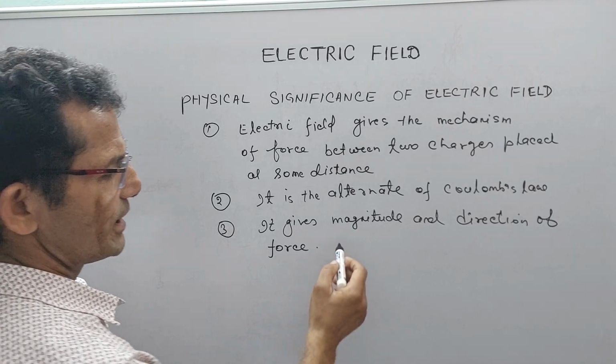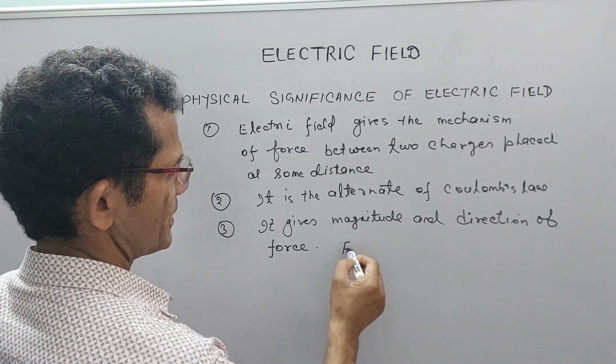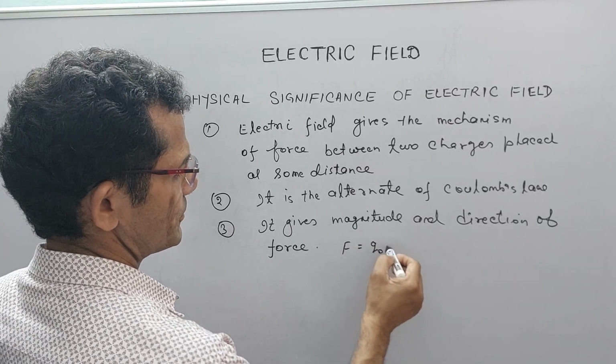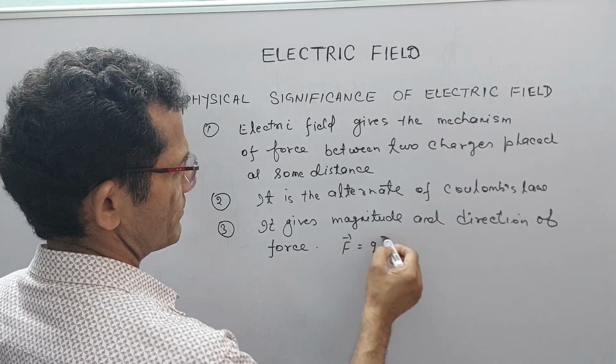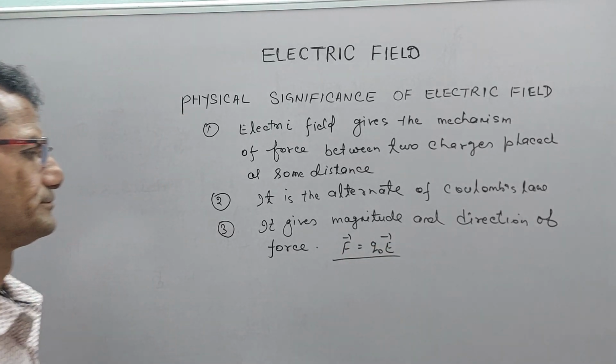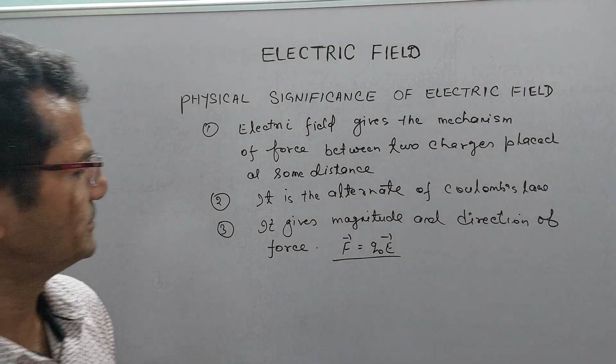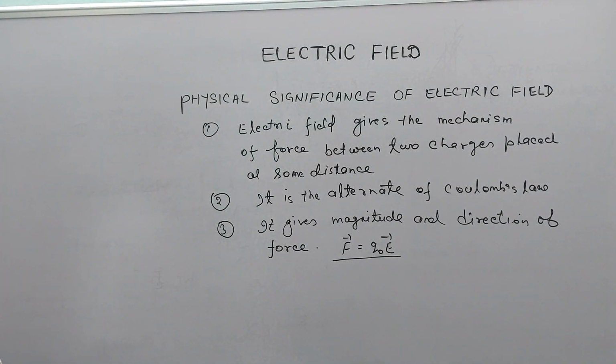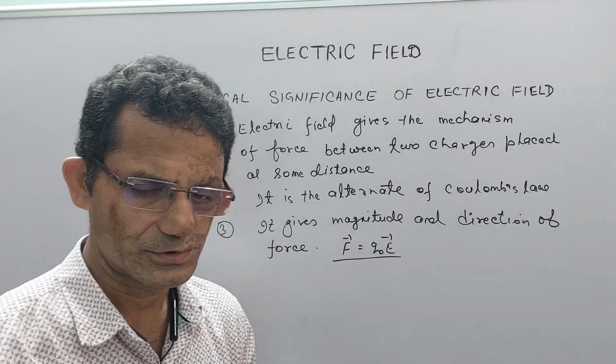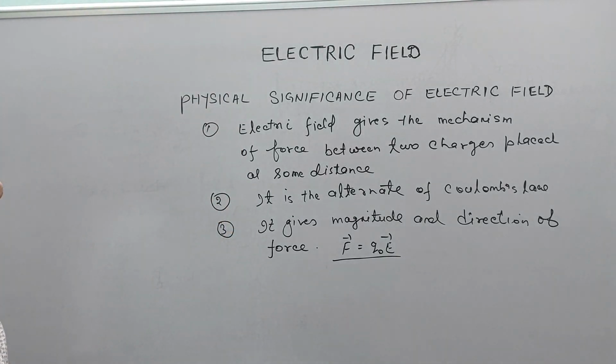The formula we apply here is F equal to Q naught into E. This is our formula, due to which we can find the magnitude of force between two charges, and the directions also. The vector gives you the directions.